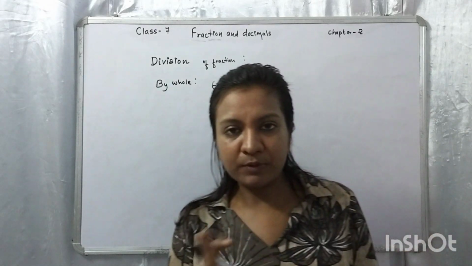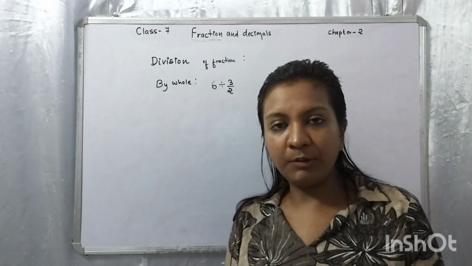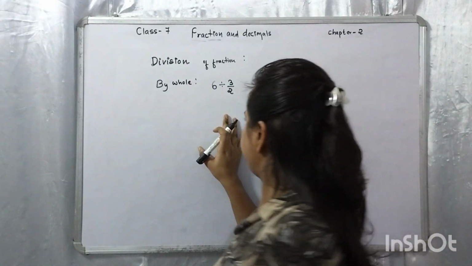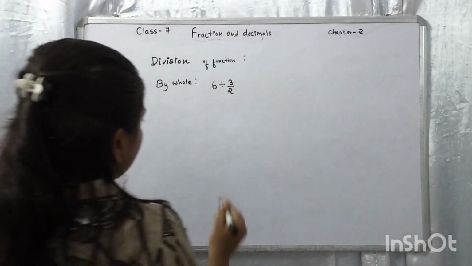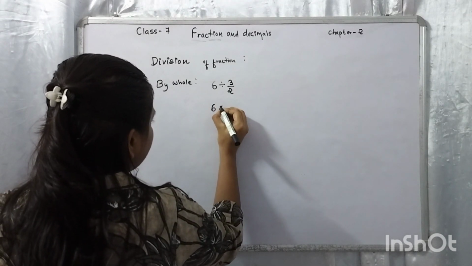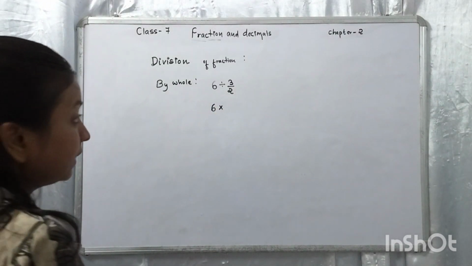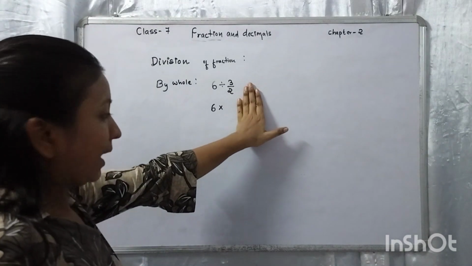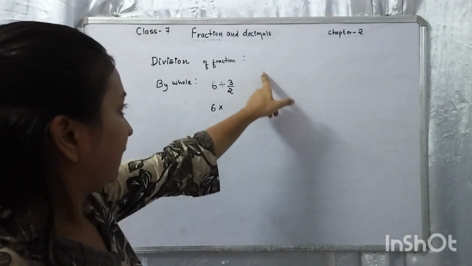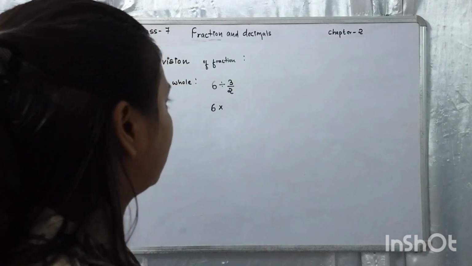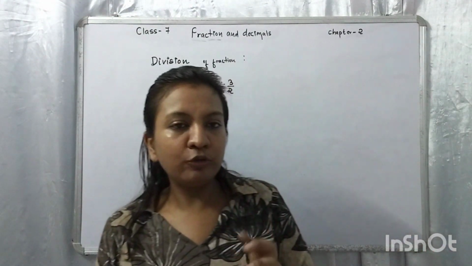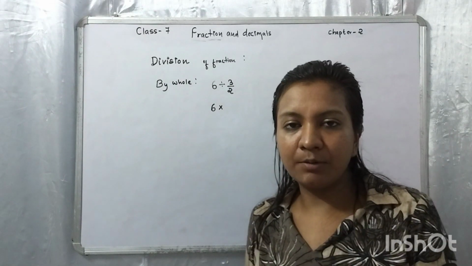One process first and then you will multiply the number. How? I will teach you that. Here first you will write 6 and now you will write multiply. Since I can't multiply by 3 by 2 directly, what I will do is reciprocate the number. Always remember that while dividing any fraction, you will first reciprocate that number and multiply.